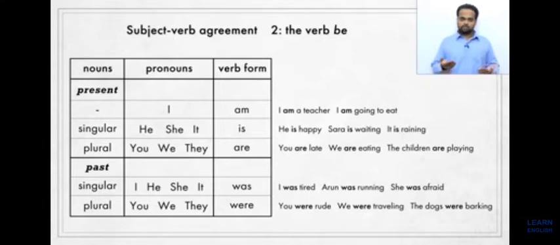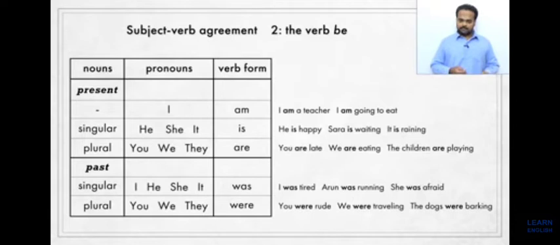I am a teacher. I'm going to eat. If the subject is a singular noun or one of these pronouns, he, she, or it, we use is. He is happy. Sarah is waiting. It is raining. And if the subject is a plural or one of these pronouns, you, we, or they, we use are. You are late. We are eating. The children are playing.